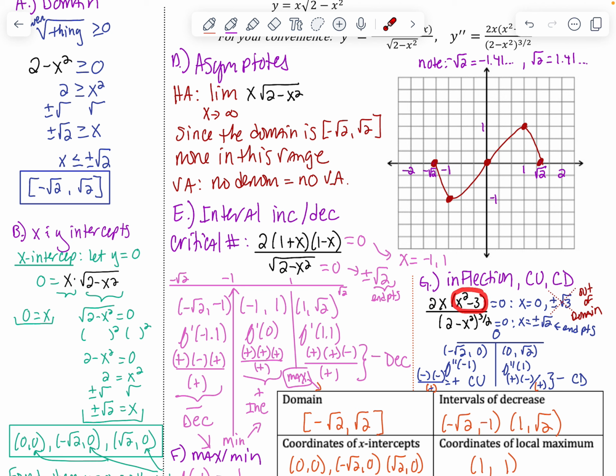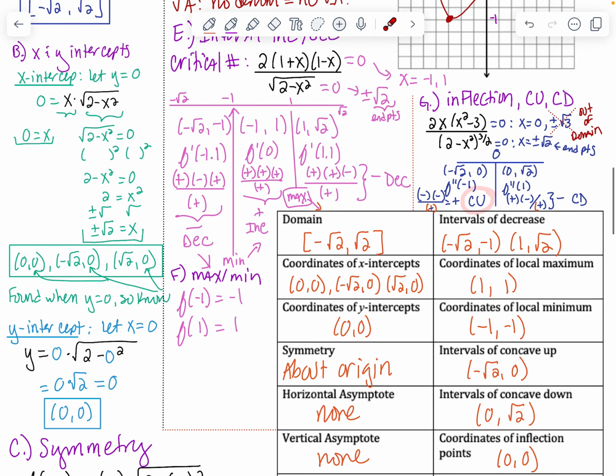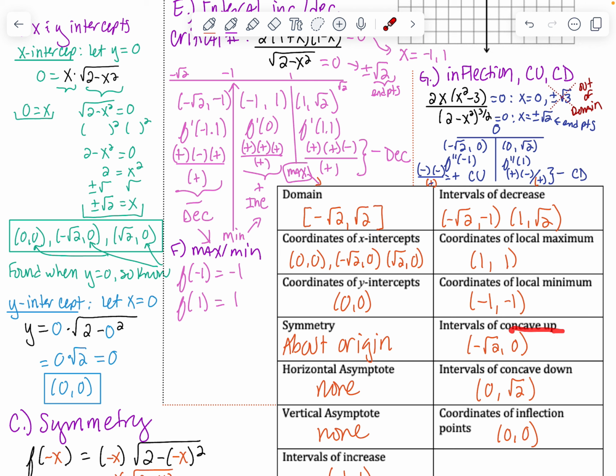Even though -1 is squared, it's smaller than 3. So when I subtract, I'll still have a negative. And in this case, because it's smaller, I'm going to have a positive. So I have a positive second derivative at -1. This whole region is concave up, and it's the negative square root of 2 to 0 region.